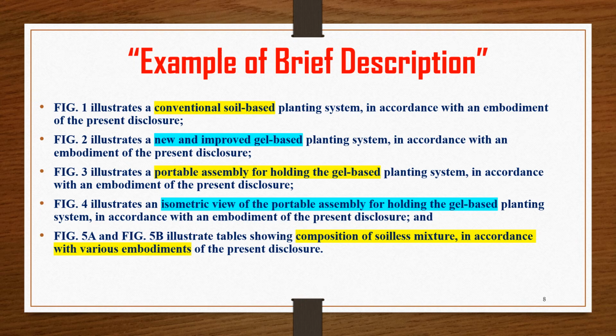And figure 5a and figure 5b illustrate tables showing composition of soilless mixture in accordance with various embodiments of the present disclosure. Fine. So I hope it is clear now. Just try to differentiate and try to compare all. Fine. Okay.